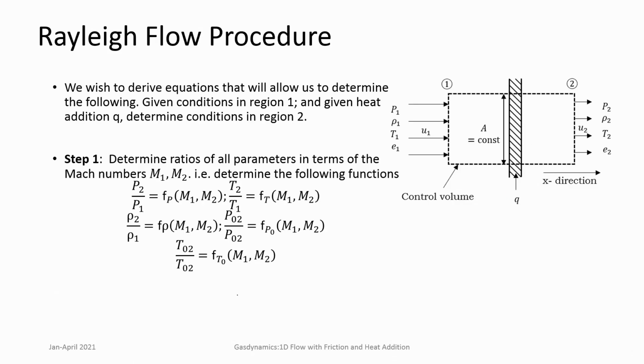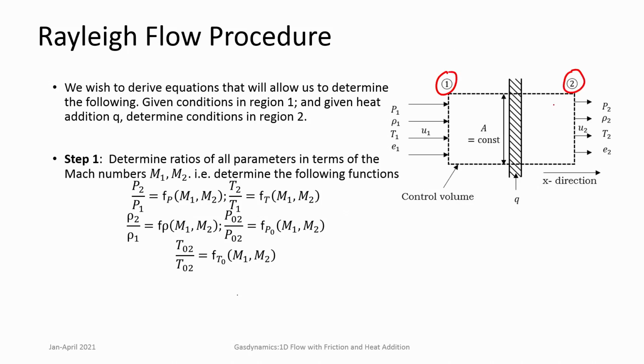Now what we want to do is solve situations where we come across Rayleigh flow. There you would know how much heat is added, and you know the conditions in region 1, and you would want to know what happens in region 2.